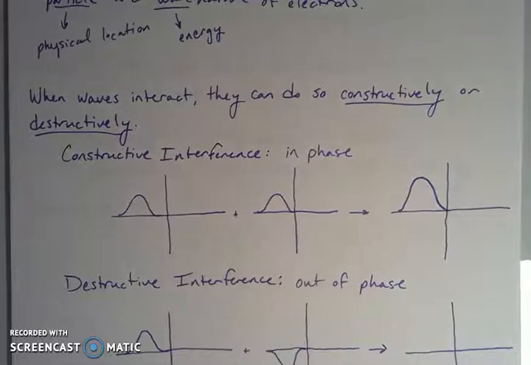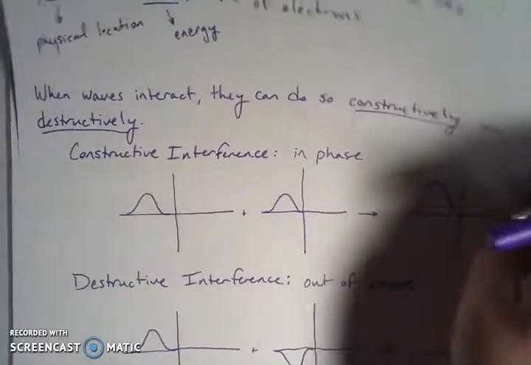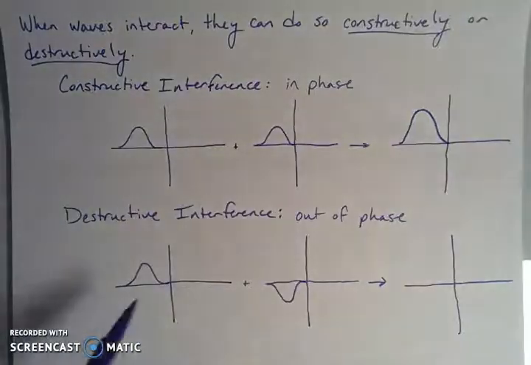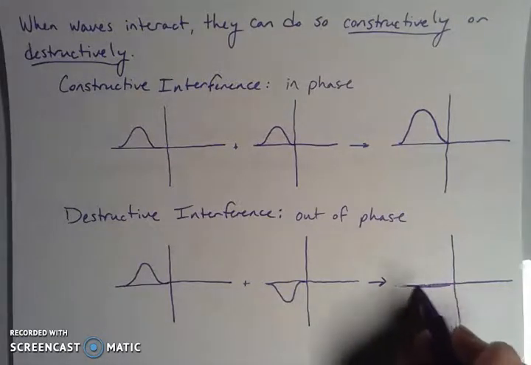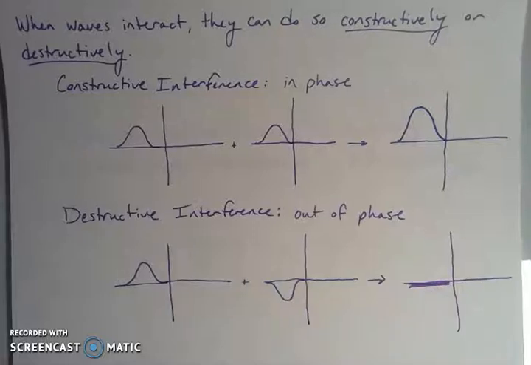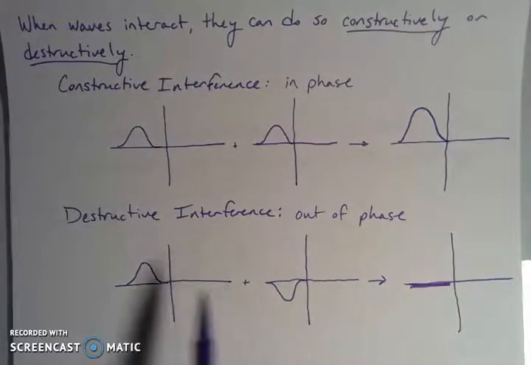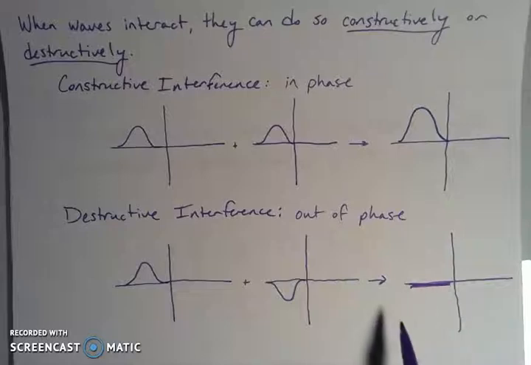Now, destructive interference, of course, is the opposite. If I have one wave that rolls in and another one that's going in an equal and opposite way, when I add them together, they're going to interfere destructively. And we'd say that these waves are out of phase with each other. So these out of phase waves, when we add them together, give me nothing, right?